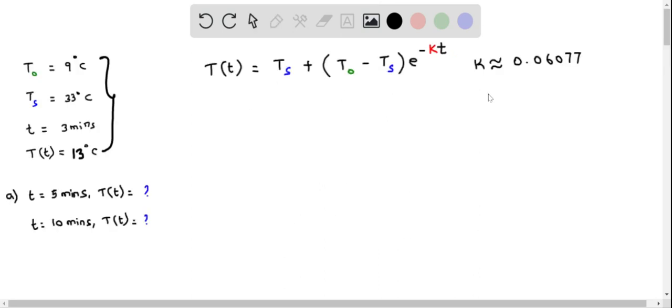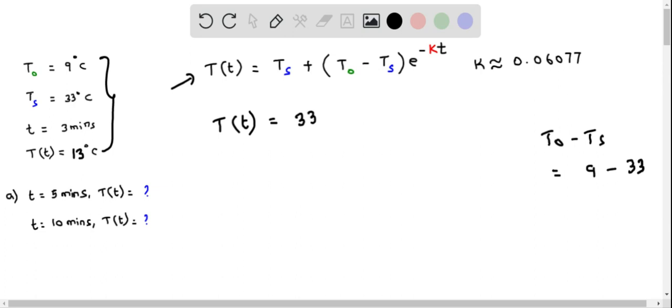Okay, now that we have determined the value of k, we can rewrite this temperature equation at time t, that is T(t). This equals Ts, which is 33, plus T0 minus Ts, where T0 is the temperature of the thermometer initially, 9, minus Ts, 33, and this is negative 24.